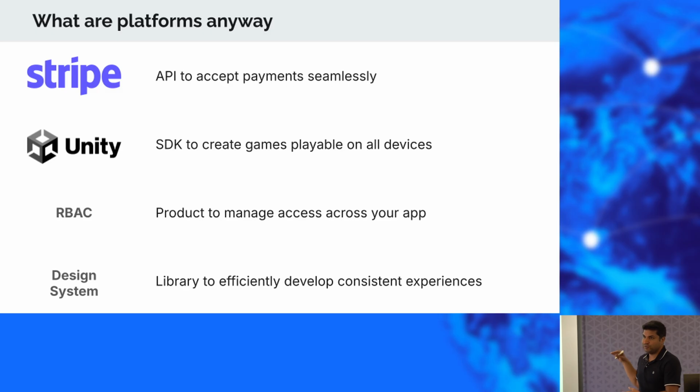So if you have 2 different pages with an upgrade button or a buy button, you don't want to have to design and build that twice. You can use the same common component. So in all of these cases, each of these are platform products or platform experiences that customers are actually getting value out of.